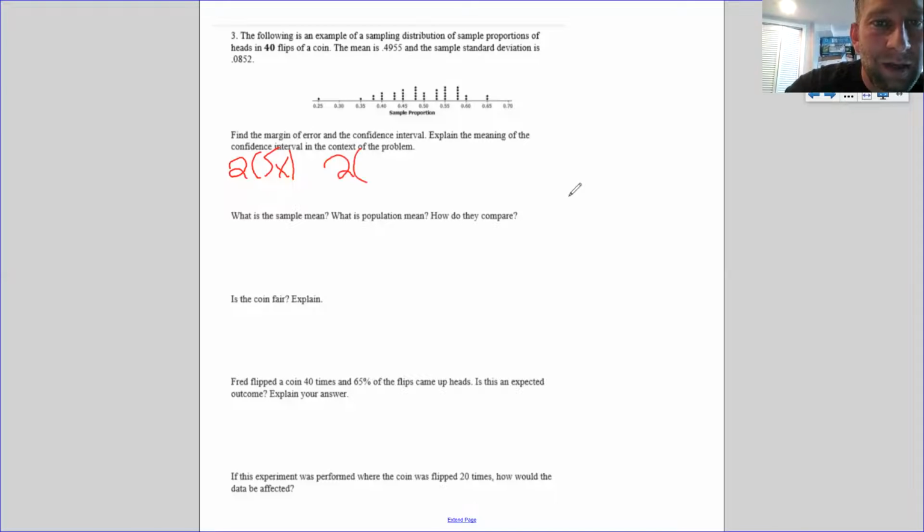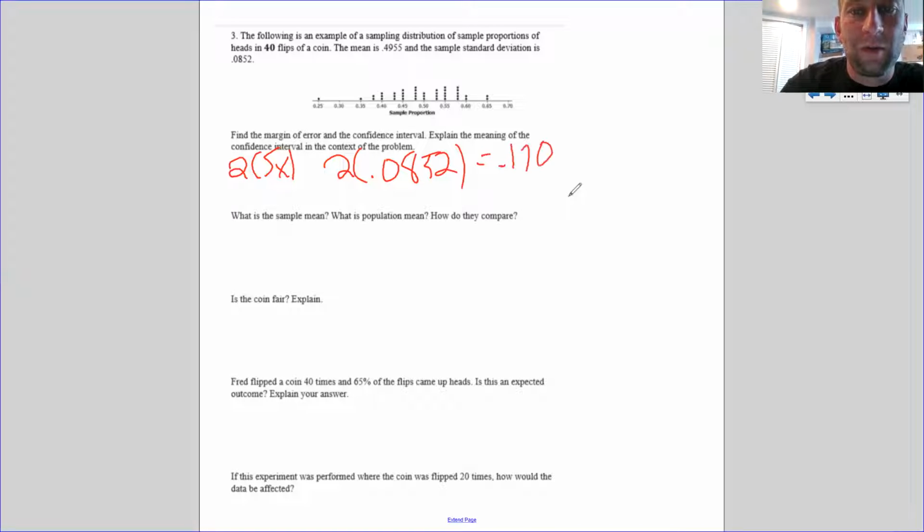So it's 2 times 0.0852. 2 times 0.0852 is 0.1704.